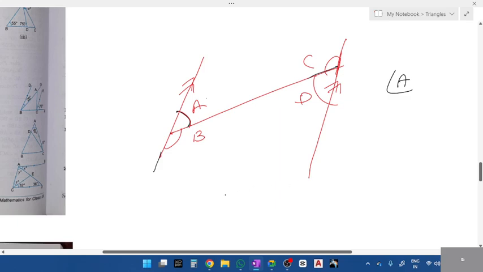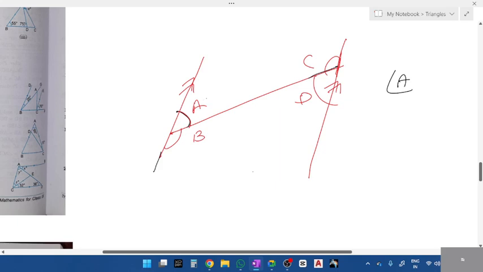Okay. Do you know what we mean by alternate? What are alternate angles here? Yeah, tell me the meaning. What is alternate? No, no, alternate is one after the other, not next to each other.